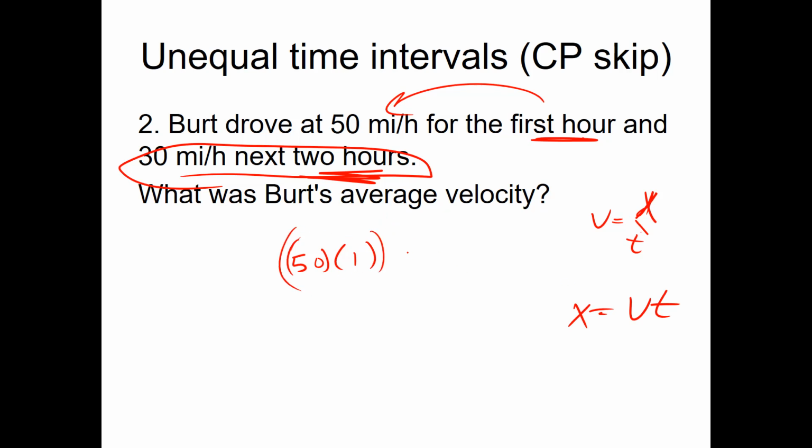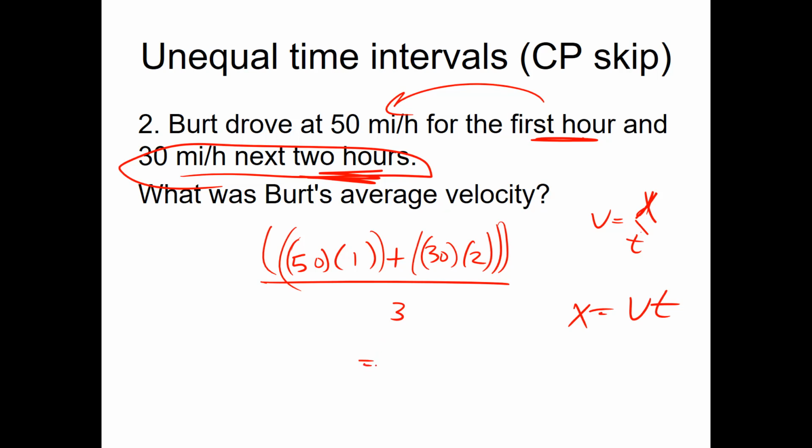So that displacement plus this displacement, the next I'm going 30. I'm doing that for 2 more hours. I put too many parentheses, but it doesn't matter. You can't have too many parentheses. And then you had to figure, okay, so 1 hour at that plus 2 hours at that, a total of 3 hours.